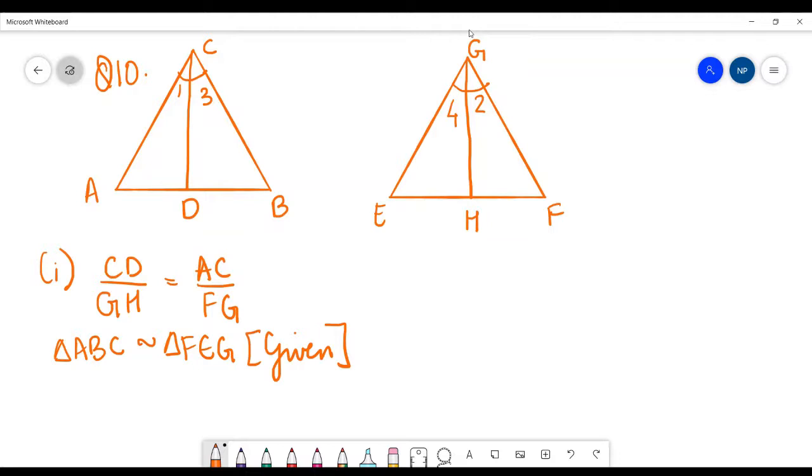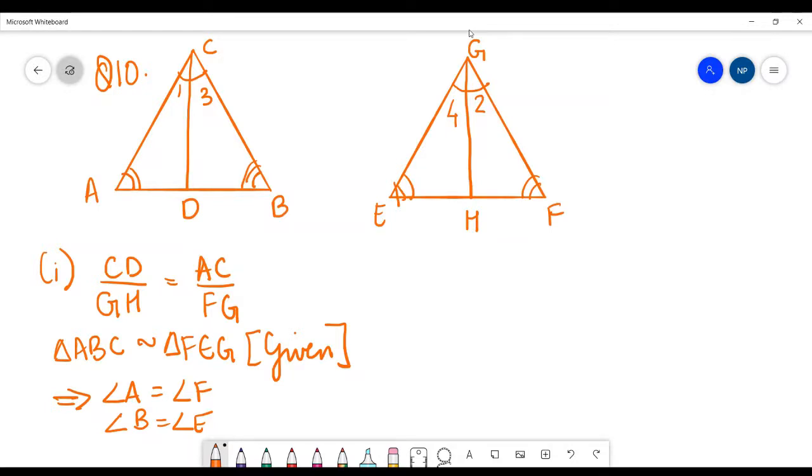Now, this implies that angle A is equal to angle F, because the triangles are similar, so the angles are the same. Angle A is equal to angle F. Angle B is equal to angle E.